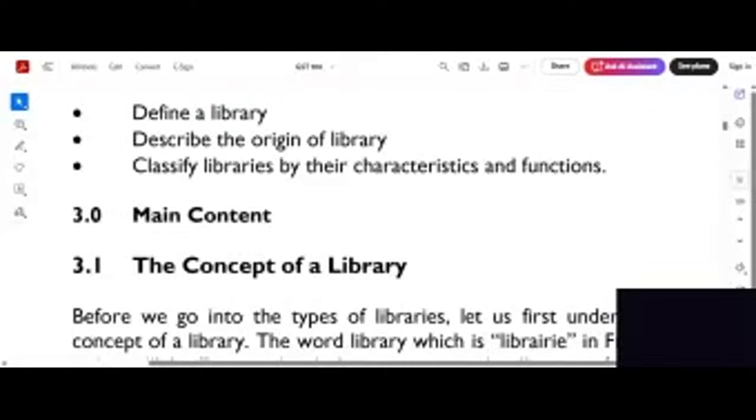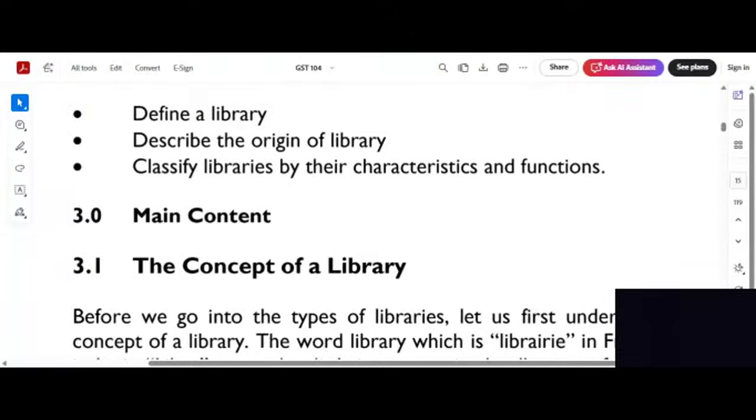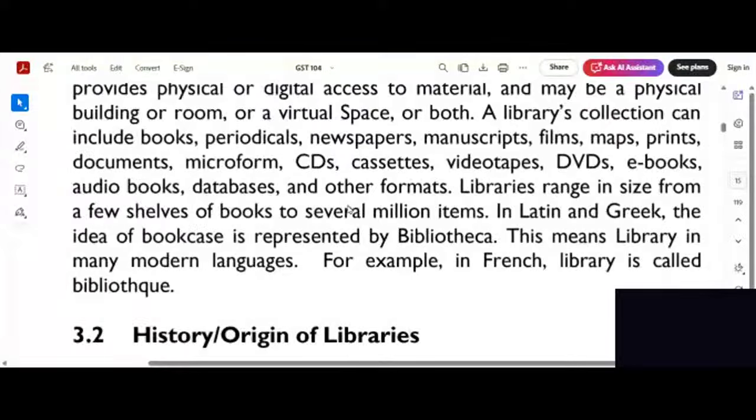I want to refresh your memory. That is why I have to ask you. But this your definition is not bad, but it's not the standard one that is in the material. So tell me the definition of a library based on the one we use.